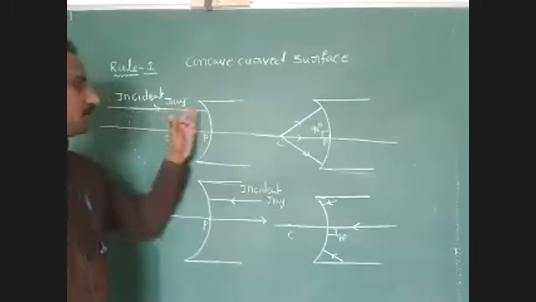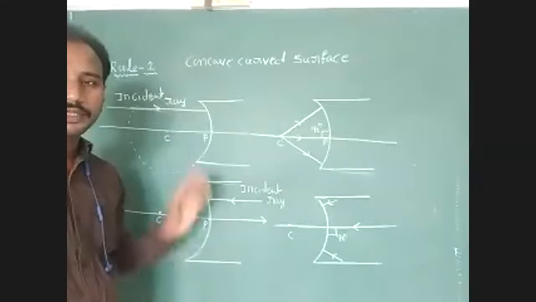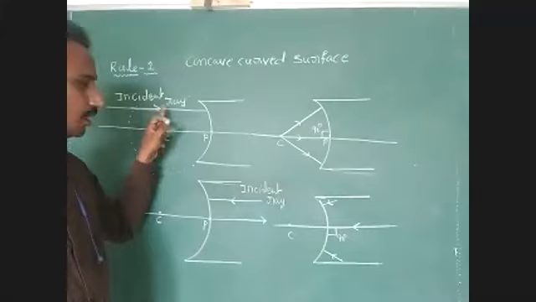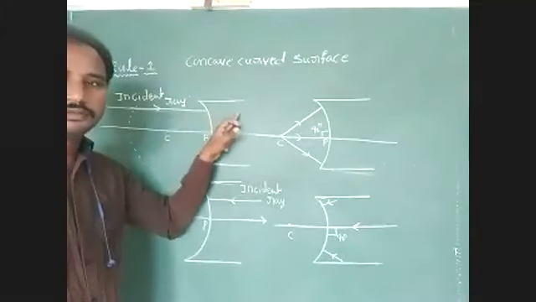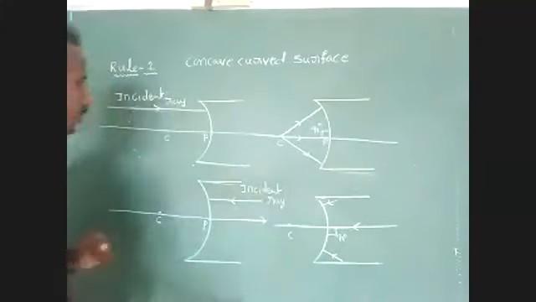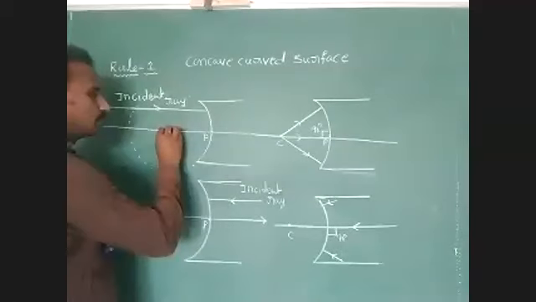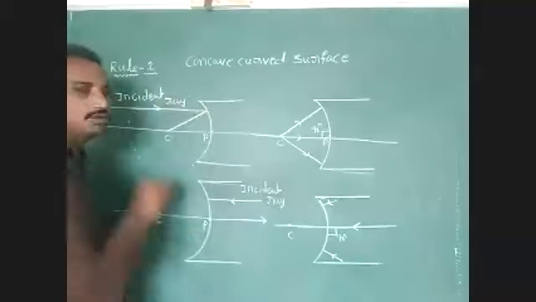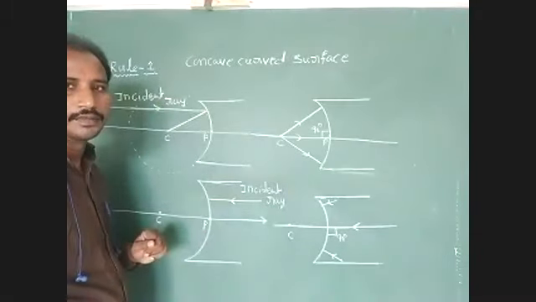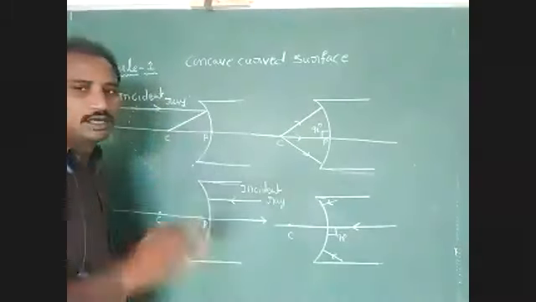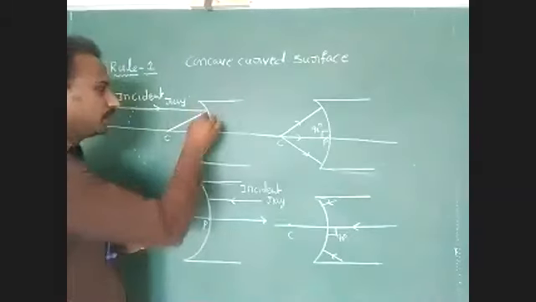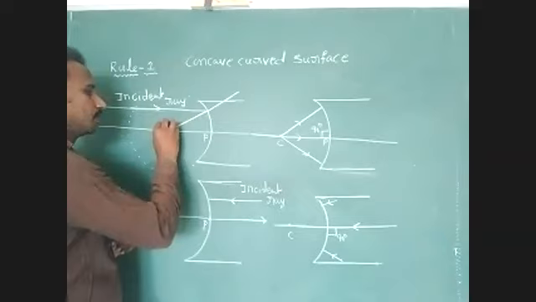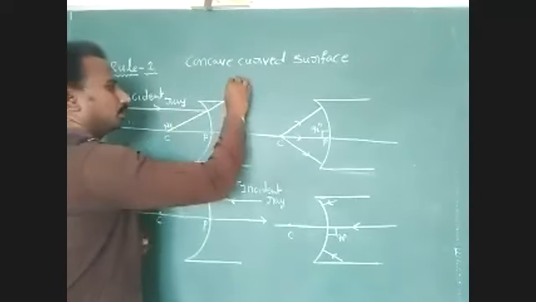Now tell me the direction of the refracted ray. What is the direction of the incident ray? From the rarer optical medium to the denser optical medium. Draw the normal first. What is the direction of the normal? The normal is always perpendicular to the curved surface. In which medium do we consider it? In the denser optical medium, we identify this normal, N1, N2.